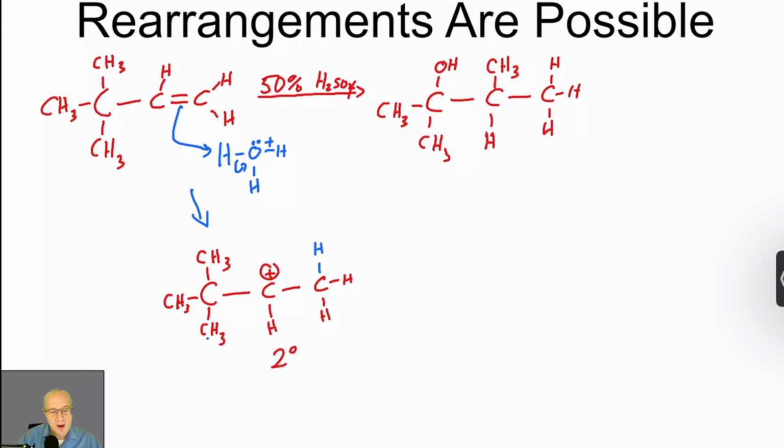If you've forgotten about hyperconjugation, go back to that unit and review it. It's no surprise then that this methyl group can move over to here and give us a new cation, which is now tertiary. Tertiary carbocations, as everyone remembers, I'm sure, are much more stable than secondary.